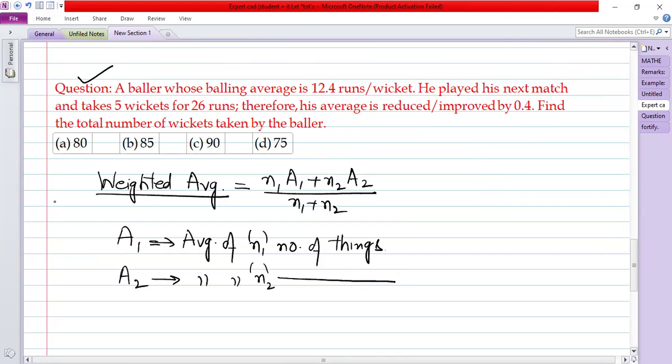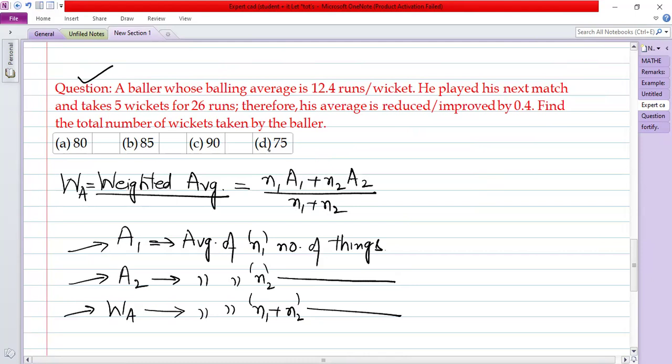So here, if I denote the weighted average by WA, what is this WA? The third average. This is the average of N1 plus N2 number of things. So basically here three averages are involved. In the previous lecture, I solved this question by the method of alligation.